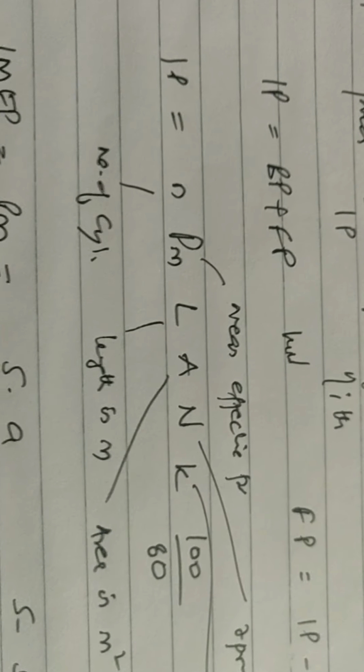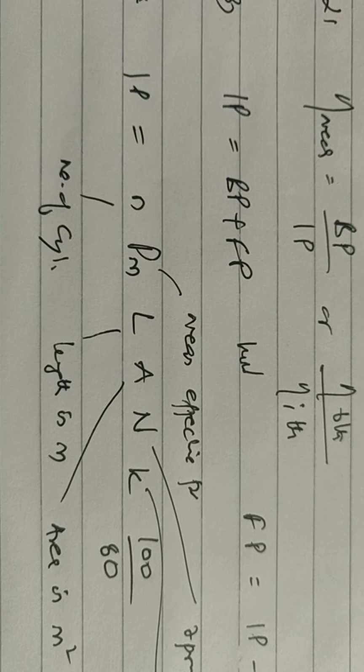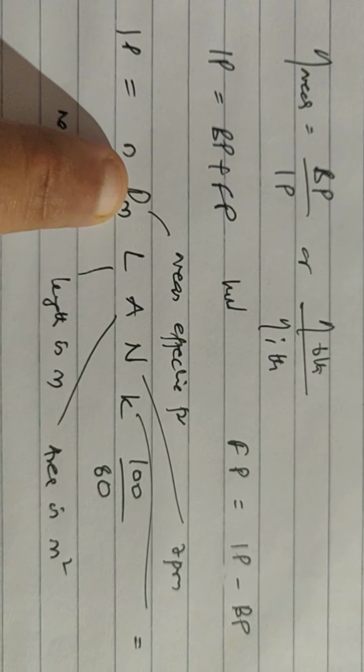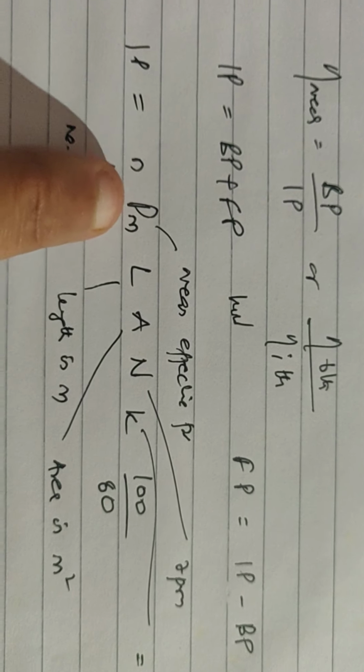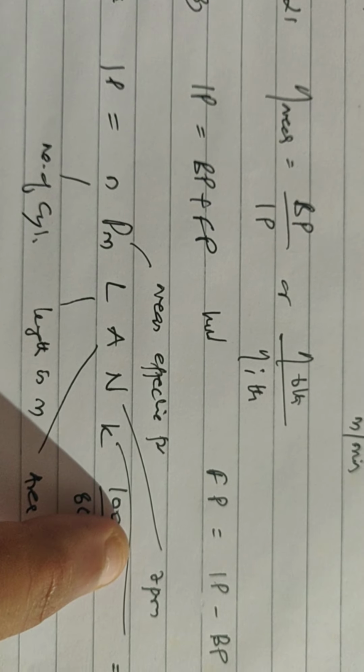And the main equation is IP is equal to N PM L A N K into 100 by 60, where N stands for number of cylinders, PM stands for mean effective pressure in bar. Because it is in bar, I am using 100 to convert into kilopascal. L is length in meters, A is the area in meter square, N is the RPM, K is the factor.